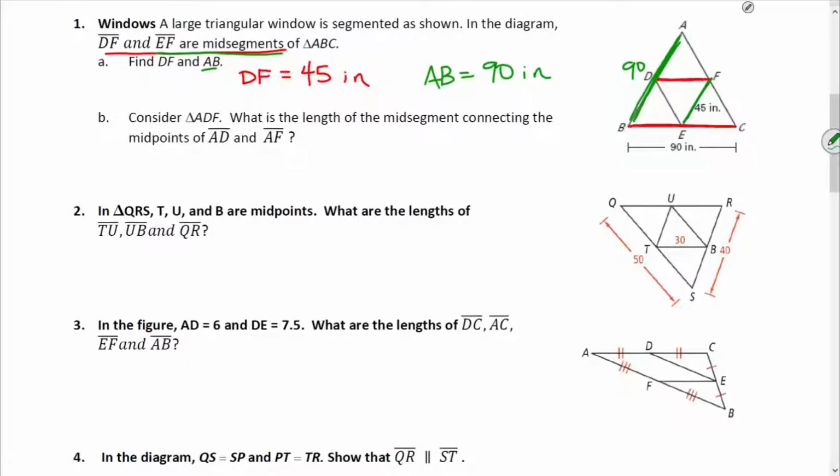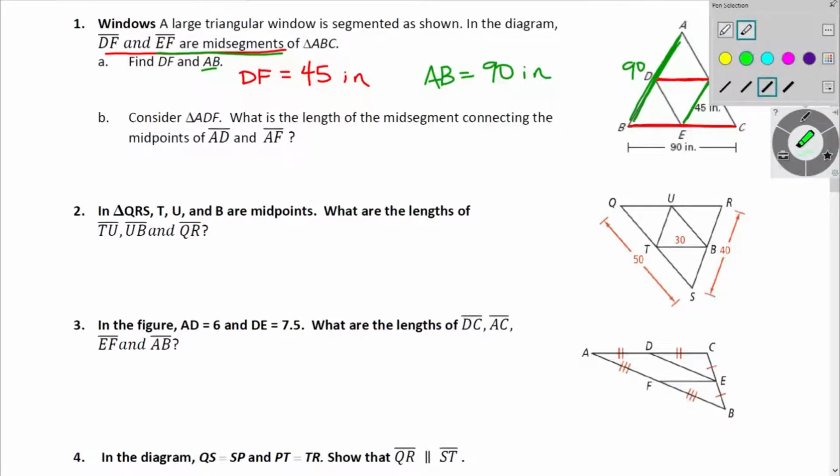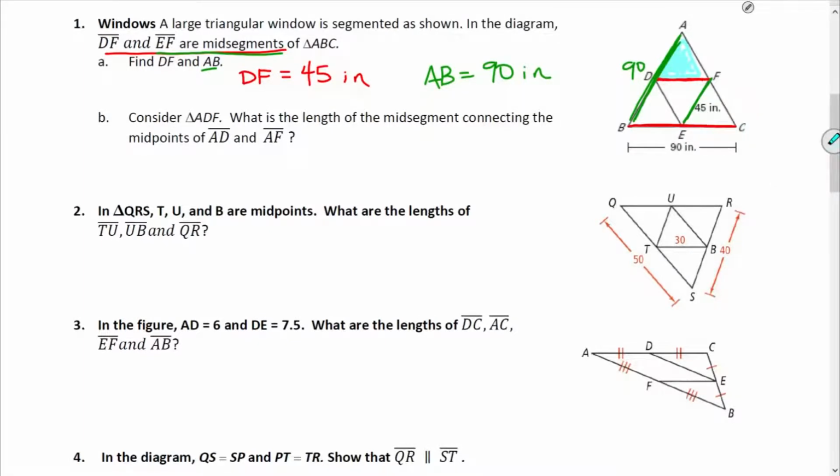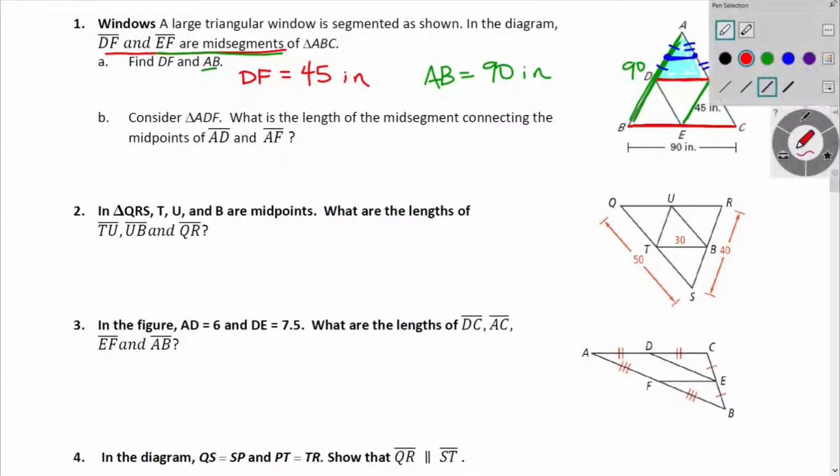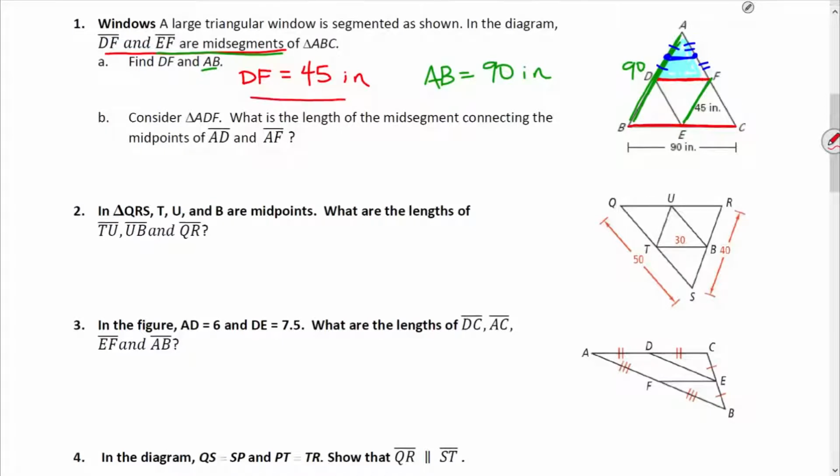Now, 1B says consider triangle ADF. That triangle is right here. What is the length of the midsegment connecting the midpoints of AD and AF? If we draw that in, this midpoint and this midpoint, and connect those, what is the length of this? I have to remember that I already found that DF is 45 inches.